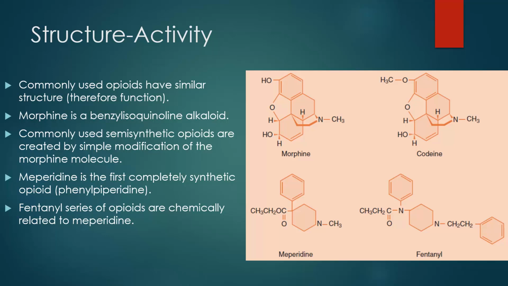Meperidine is the first completely synthetic opioid and is the prototypical clinical phenylpiperidine, because of the ring structure of the meperidine, the phenylpiperidine, that gives it its name. Other commonly used fentanyl congeners, like sufentanil, are a more complex version of the same phenylpiperidine structure, as you can see in the figure.